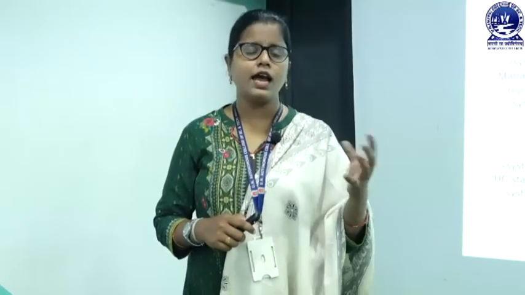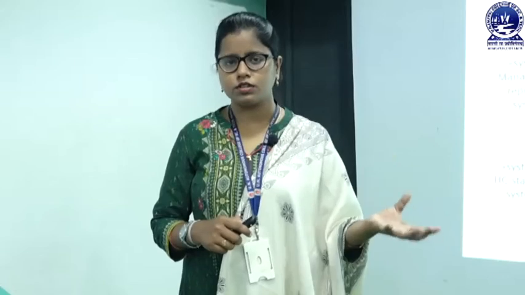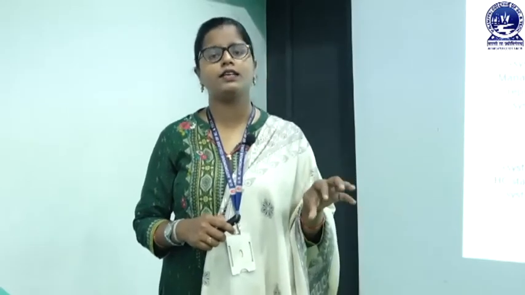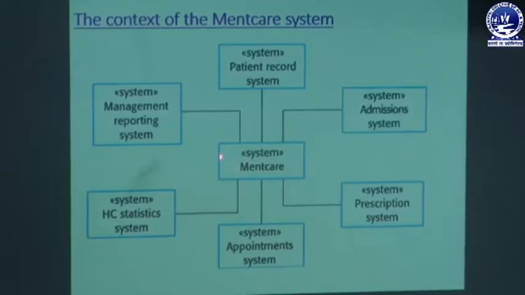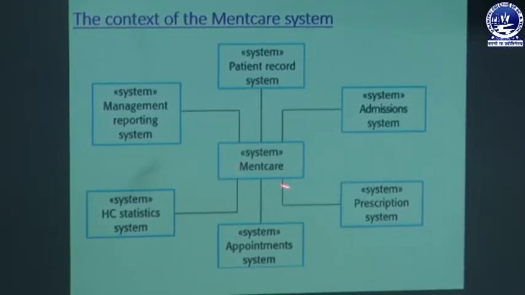So, there we are using the context model for the Mentcare system to represent the relationship between Mentcare and the other environment, that means the other subsystems which are treated as the environment for the Mentcare system. This is our Mentcare system, and it cannot run by itself and it will depend on 6 different subsystems. The first subsystem is our patient record system.